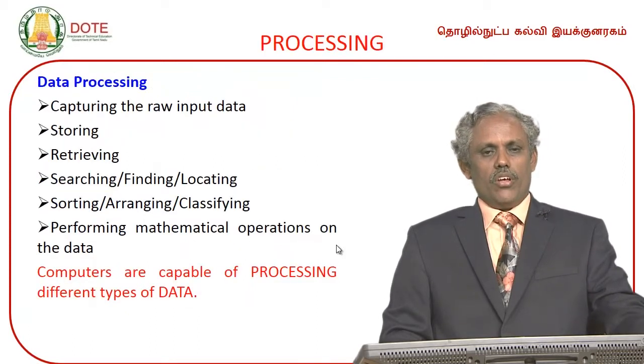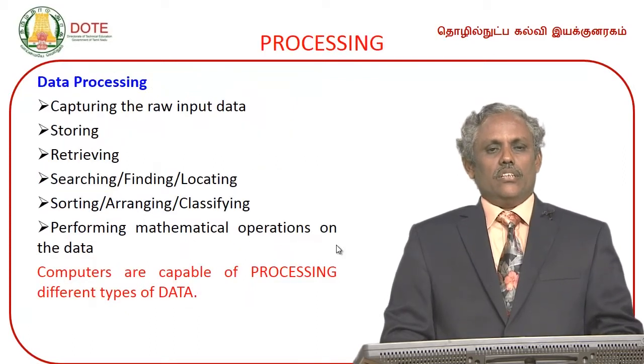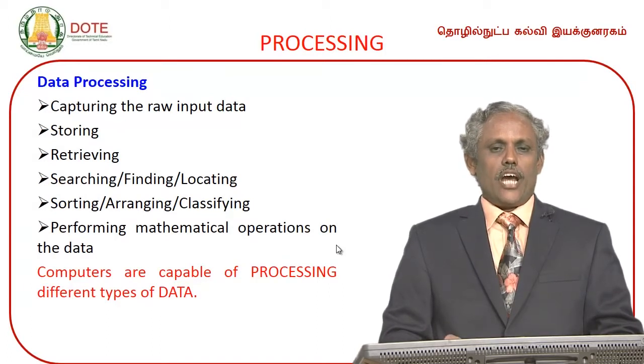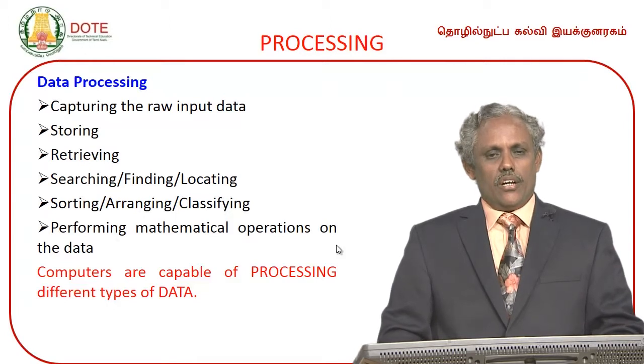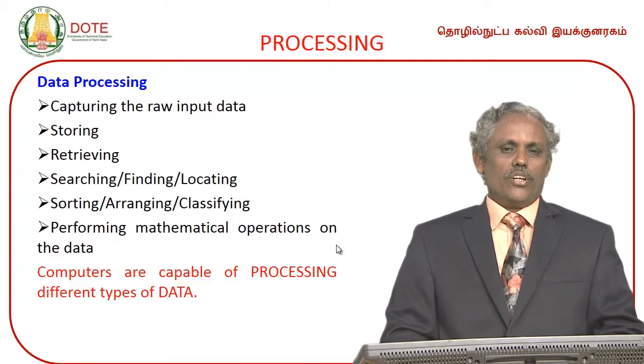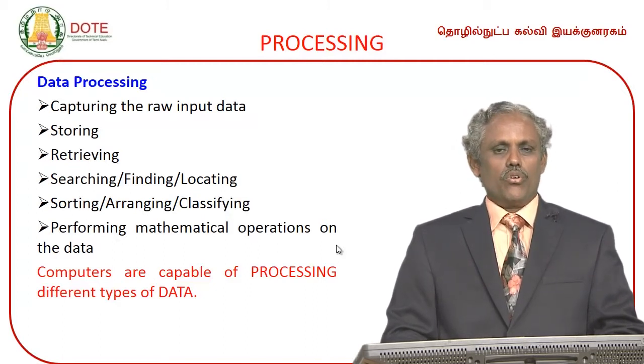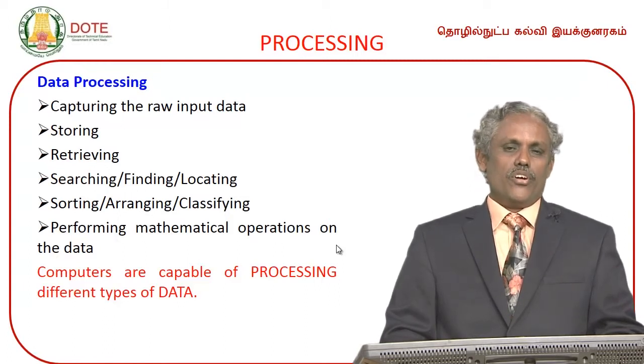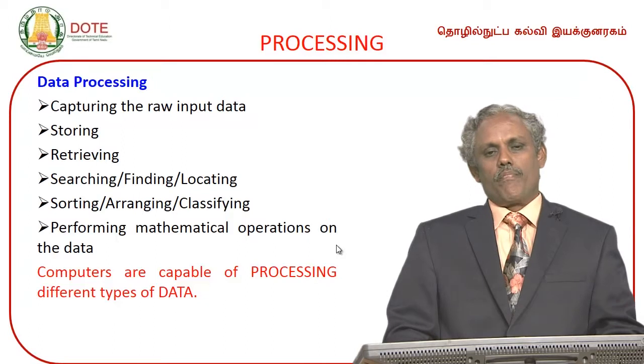Right. So, the processing involves the input, that is, capturing the raw input data from the user, and storing the information, retrieving the information. That means, for processing we give some data through the keyboard or through the scanner or through some other video devices like a camera.